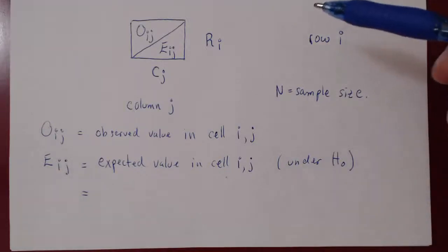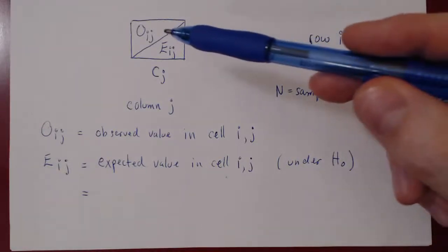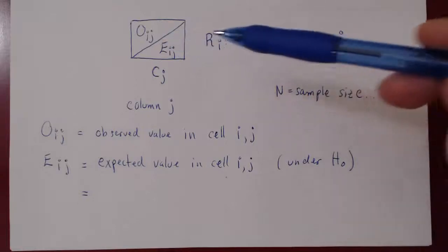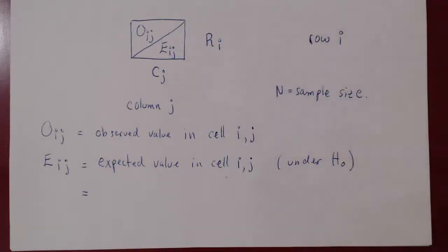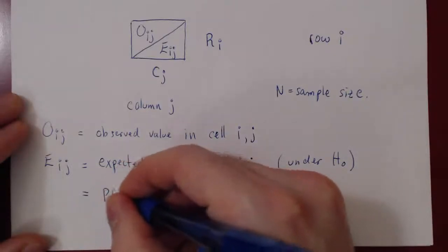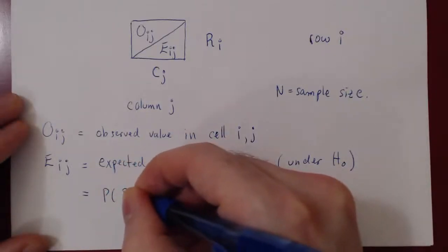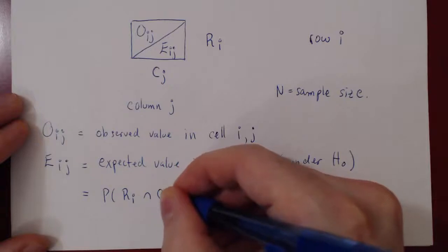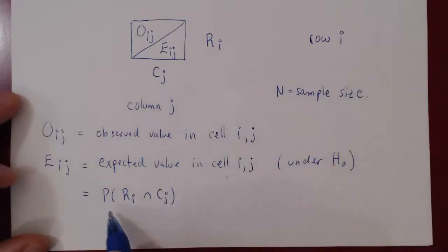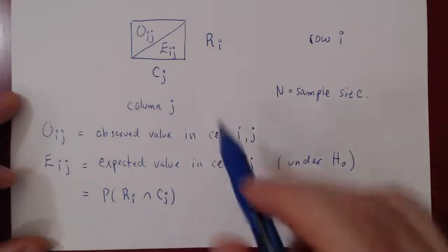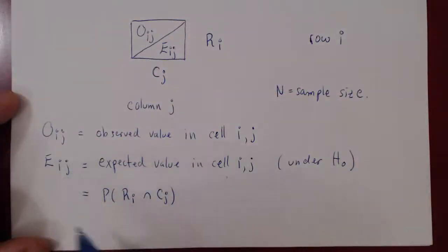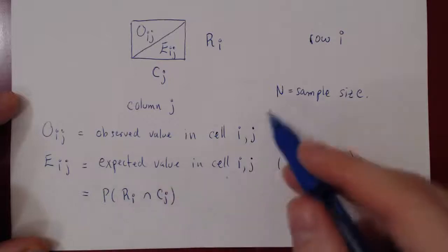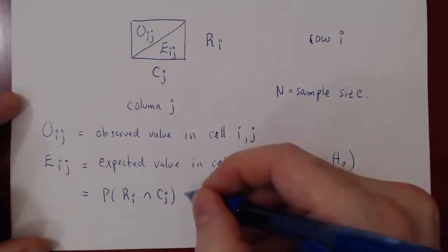Well, the probability for a value to be in this cell is the probability it is in row I and in column J. So probability of, I'll simply write row I and intersection column J. That is the probability of a value to be observed in this cell. Of course, we want the expected value, and so it's the probability times the entire sample size.